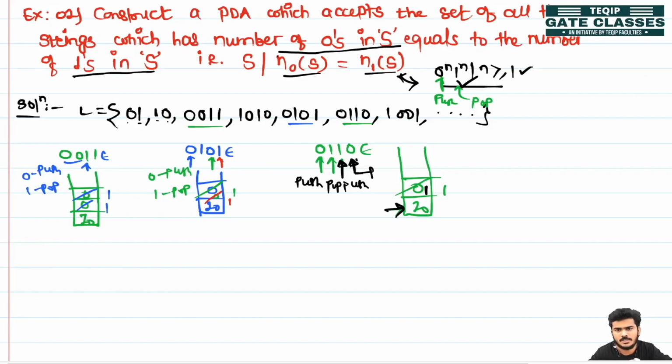I will pop it. So whenever 0 occurred, I popped this one. Now it becomes 0. So the logic here is that as long as the same symbol keeps occurring, we keep pushing, whether it will be 0 or 1, that doesn't matter to us. Whenever the opposite symbol or opposite alphabet comes, we will start popping. Okay, I hope it is clear.